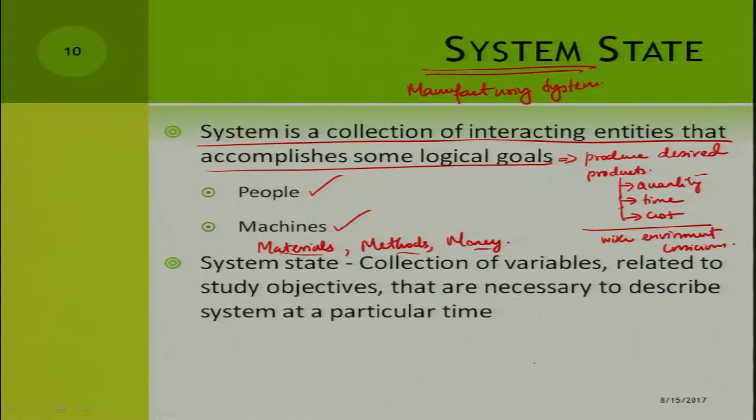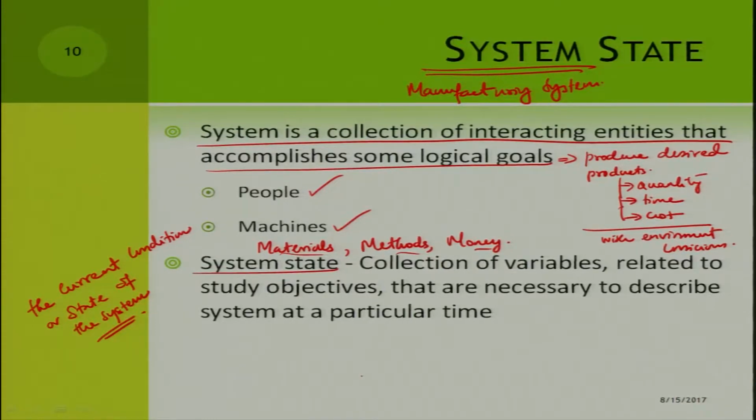When you are looking into a complex system like this, and you say the phrase system state, what you are saying is that you are trying to study the current condition or state of the system.